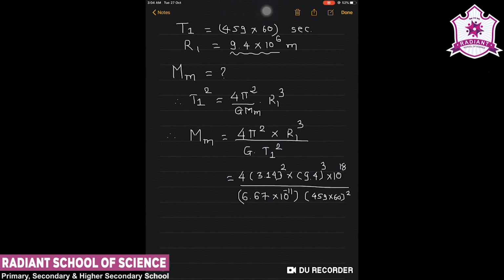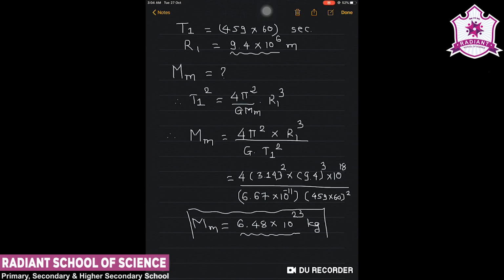So when simplified, the mass of Mars comes to be 6.48 into 10 to the power 23 kilogram. So that is the mass of Mars we can obtain.